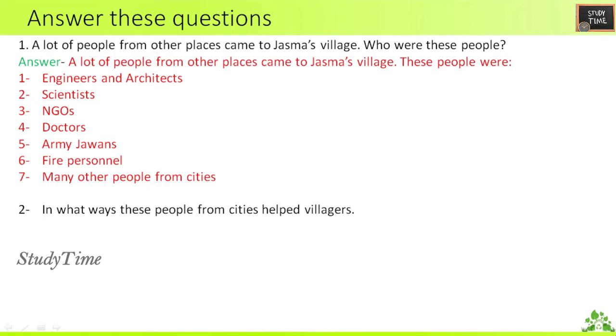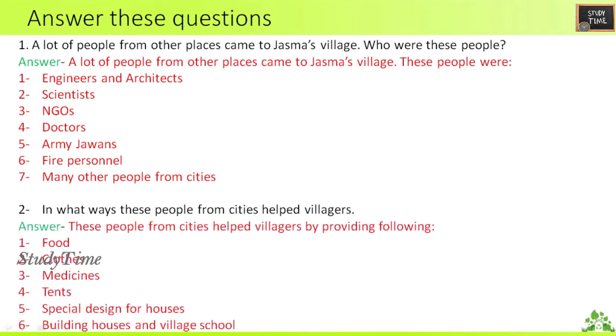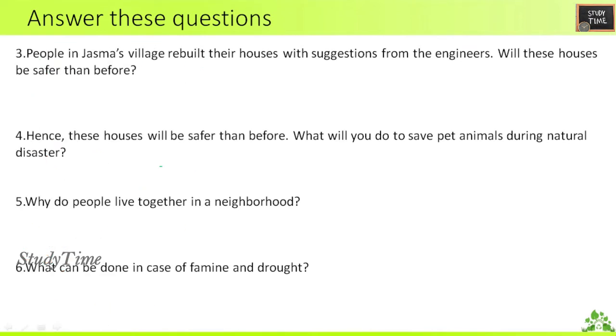Second question, in what ways did these people from cities help villages? They provided food, clothes, medicines, tents, special design for houses, building houses and village school. So in this way, the people from other cities helped the villages.